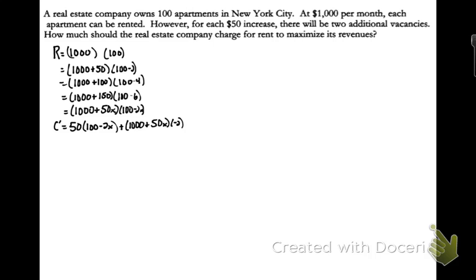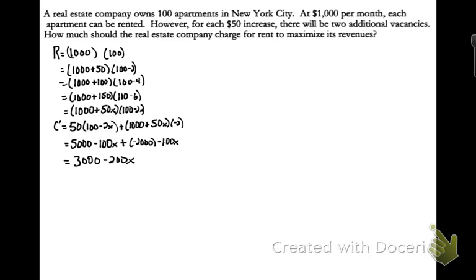Now cleaning this up a bit, the derivative must equal 5,000 minus 100x plus negative 2,000 minus 100x, and so the derivative is equal to 3,000 minus 200x.